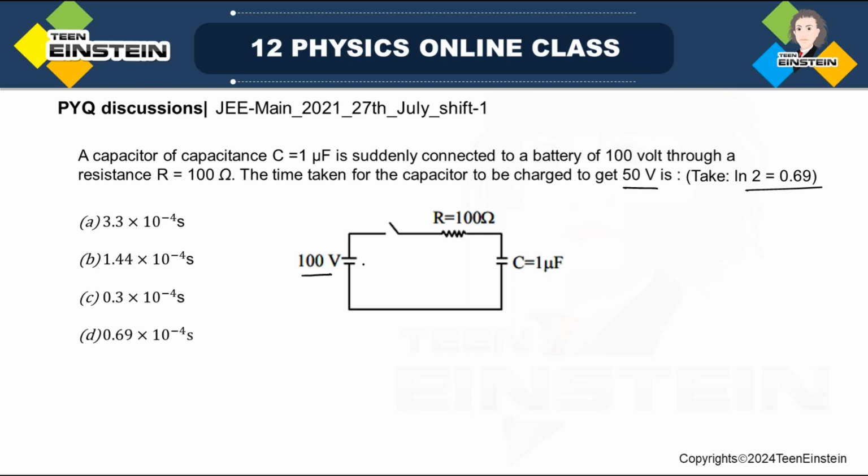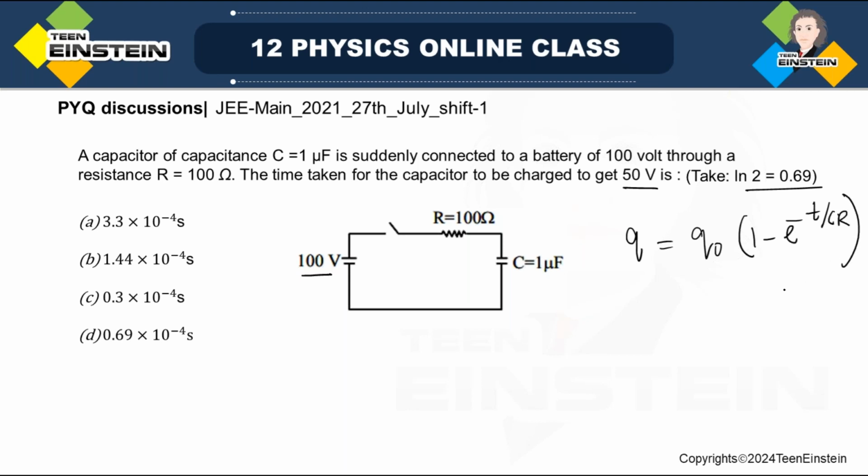So if you charge this capacitor slowly, it will actually accumulate charges, and the charging equation for a capacitor through a resistor will be written in this way: Q is equal to Q0 into 1 minus e to the power minus t by tau, or t by CR.